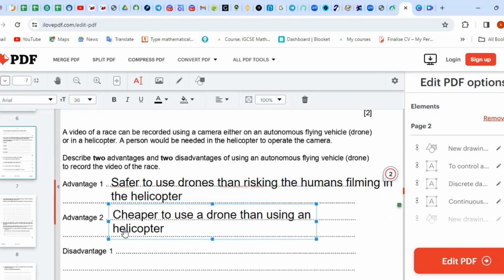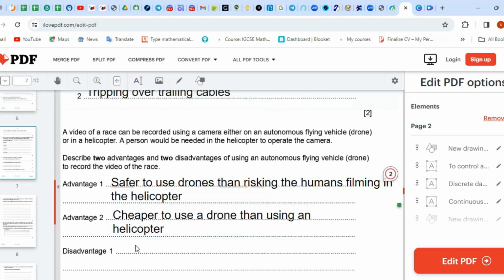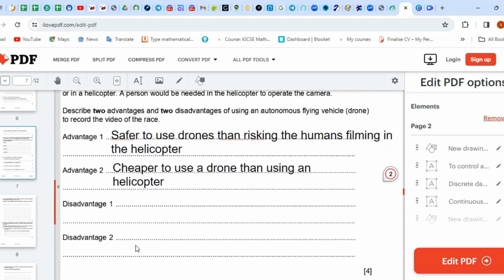So these are the two advantages that you have while you use a drone. Then what are the disadvantages? Because like I said, there is nothing that has an advantage without a disadvantage.